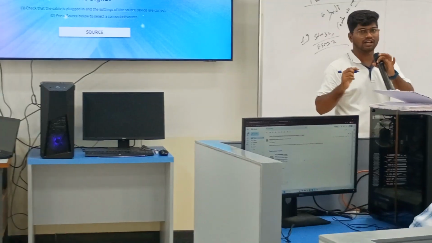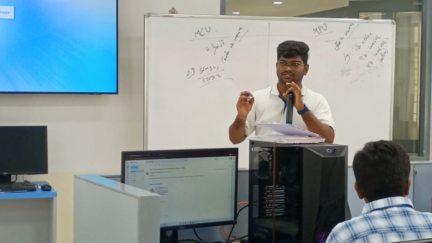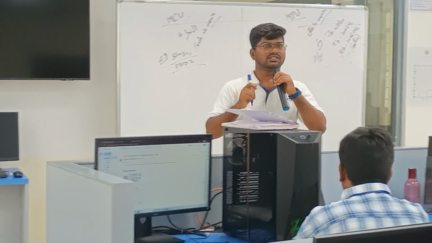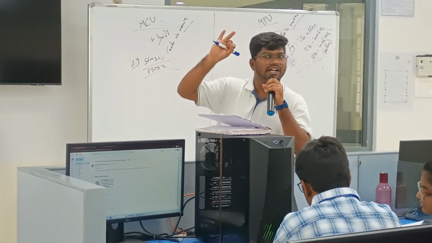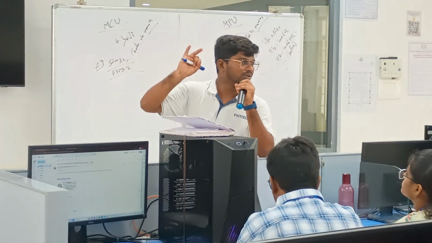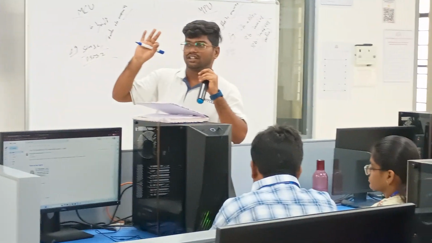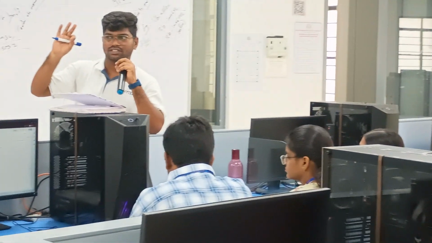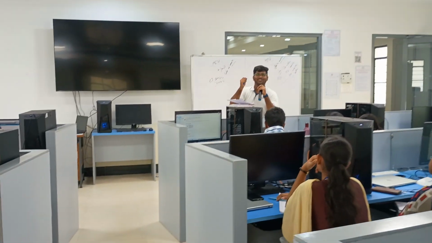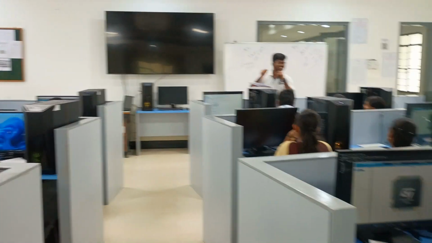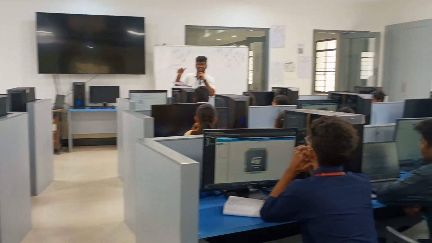Tell us, how many OS do we have? How many OS are you using? Windows, Linux such as Ubuntu, then Mac OS, then Unix. Unix is the basis for Linux; Linux comes only after Unix.